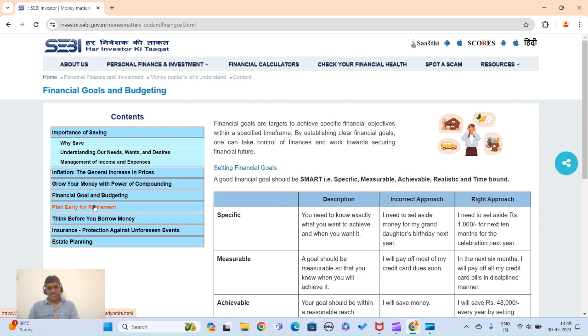These days you need to plan for pensions, and most youngsters make the mistake of not planning for retirement. Earlier, when you were employed with the government, you need not bother about retirement or pension because that was taken care of. But these days, about 95 or 99 percent of people are employed in the private sector.